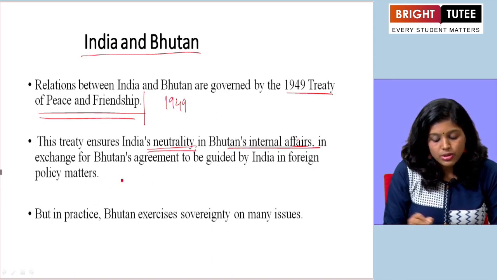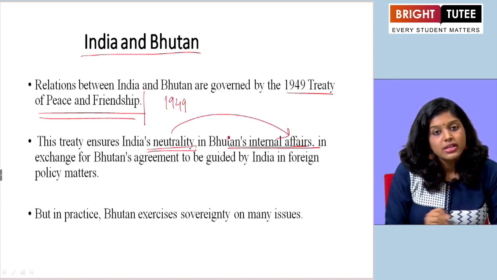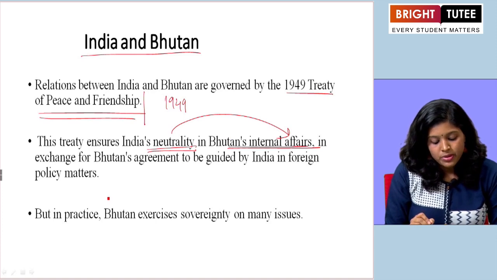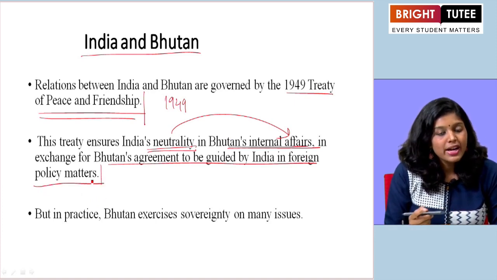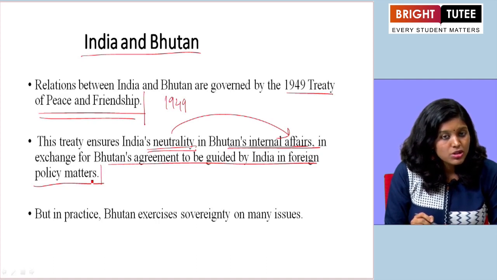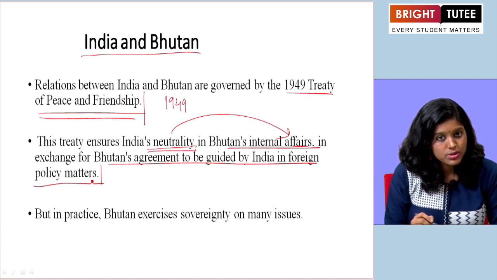That is, India won't interfere in the internal affairs of Bhutan, in exchange for Bhutan's agreement to be guided by India in foreign policy matters. India will guide Bhutan in its foreign policy matters, and Bhutan should pay attention to that.